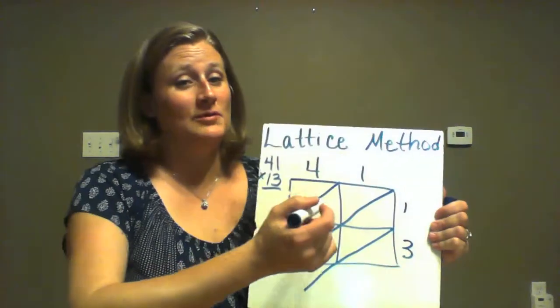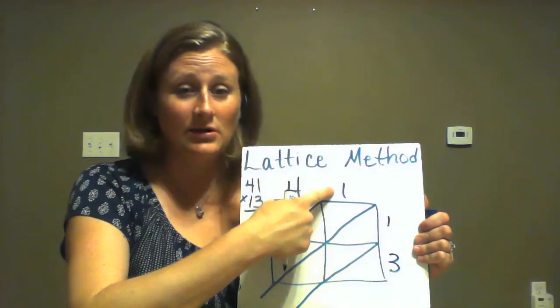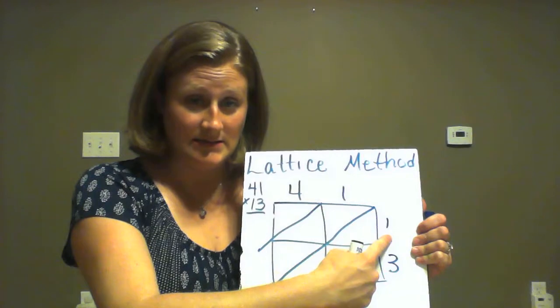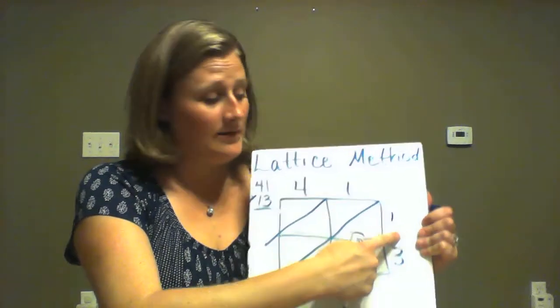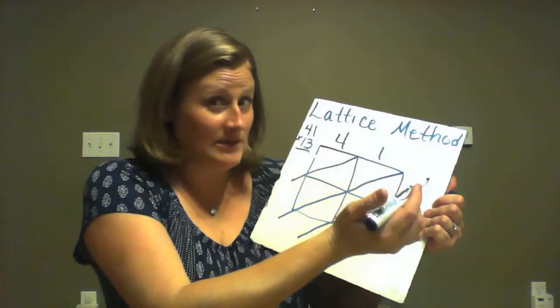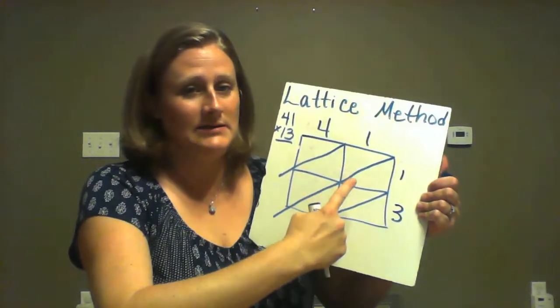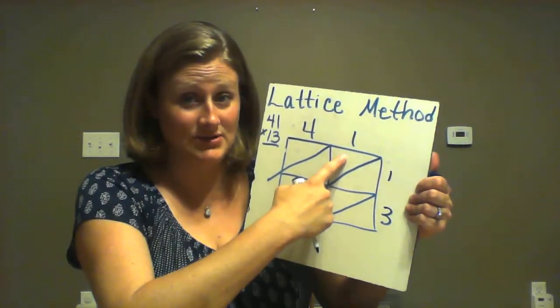Now we're going to do multiplication of just single numbers. You're going to start with the 1, and you're going to multiply it times this. So 1 times 1, it's kind of like a grid. 1 times 1 is 1. In each of your boxes, the top section is for the tens digit.